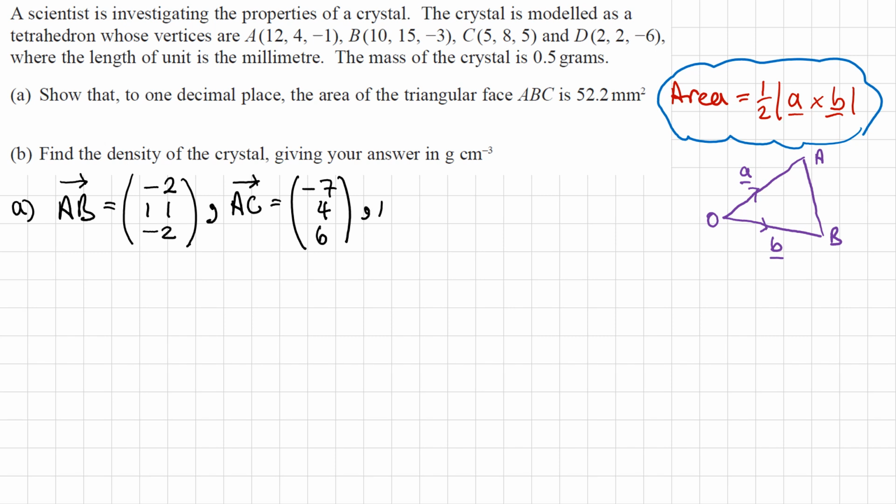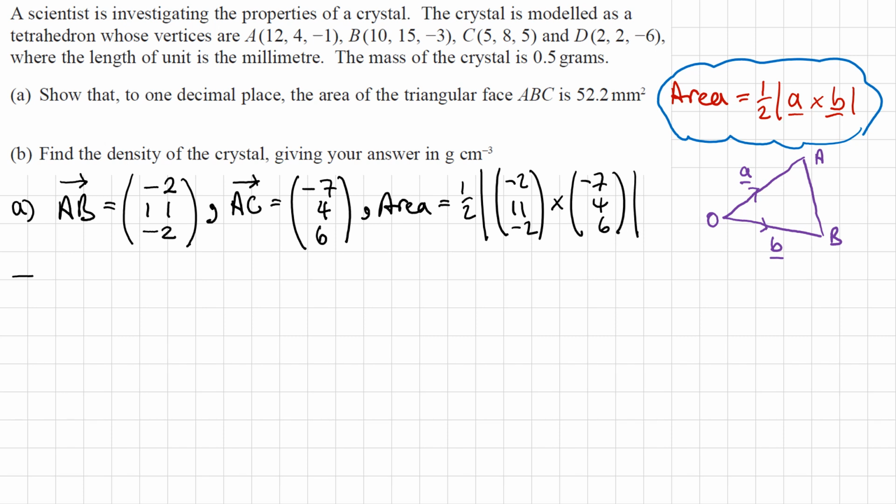So my area is going to be equal to half the modulus of the cross product of these two vectors, which I'll do as my next step. So half, then the modulus, and then the cross product, I'll just write i, j, k, and then -2, 11, -2, -7, 4, 6.